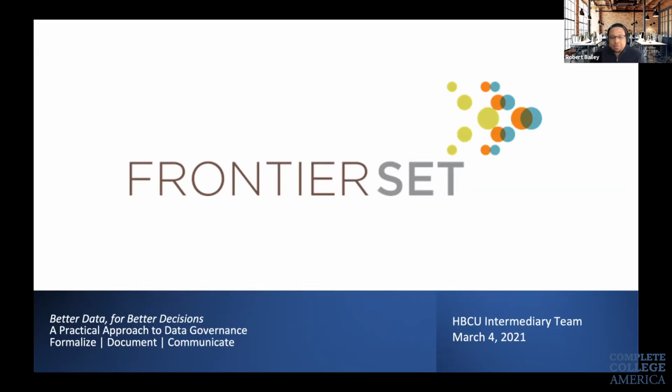We want to make sure that this approach sticks this time. A number of them have stated that they've tried over and over to stand up a robust data governance program, but somewhere along the way, if it's a leadership change or something else that takes priority, like reaffirmation of accreditation, it throws them off track.